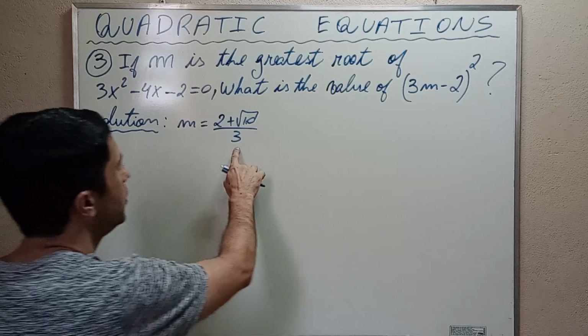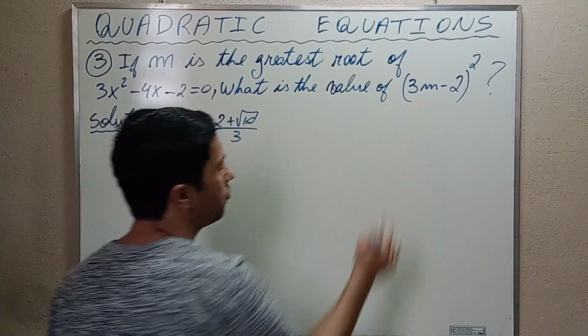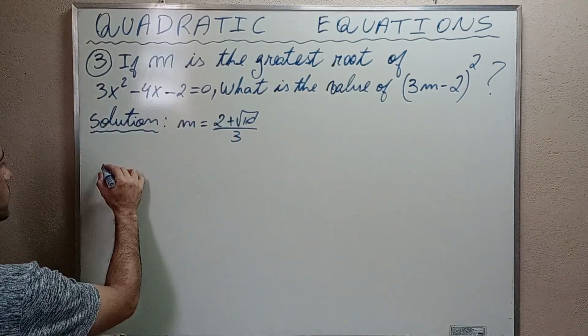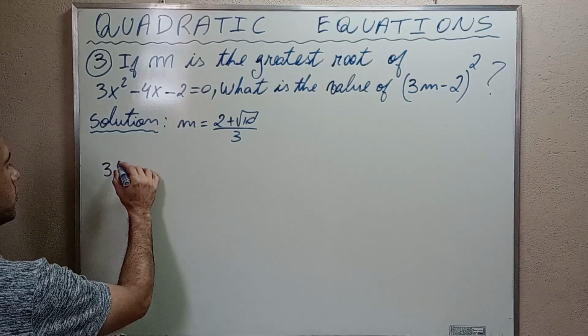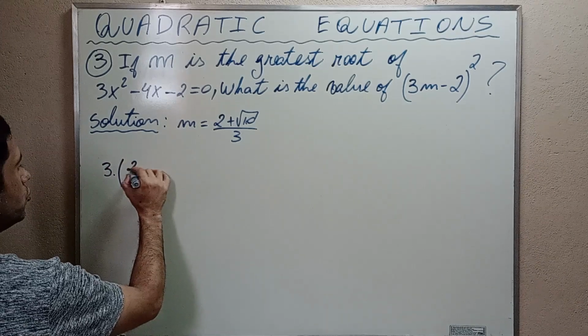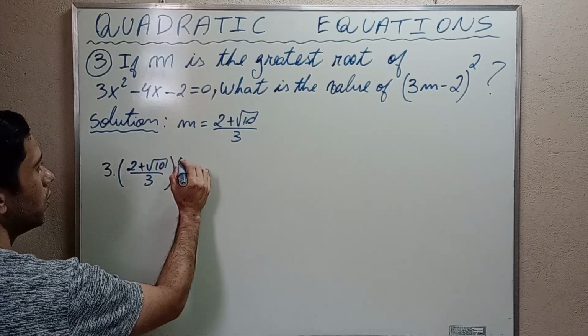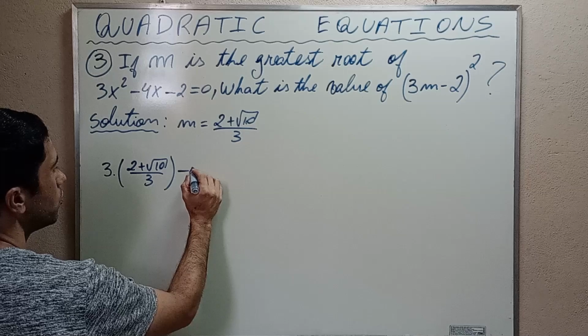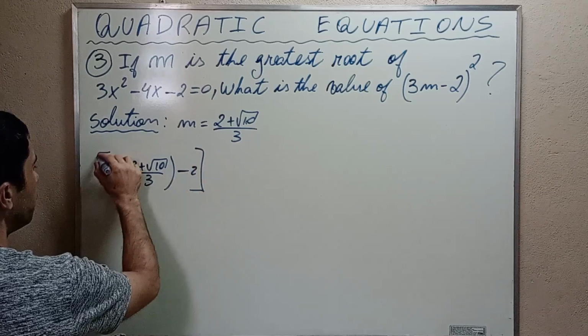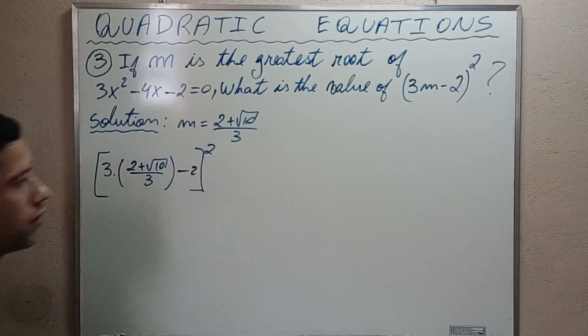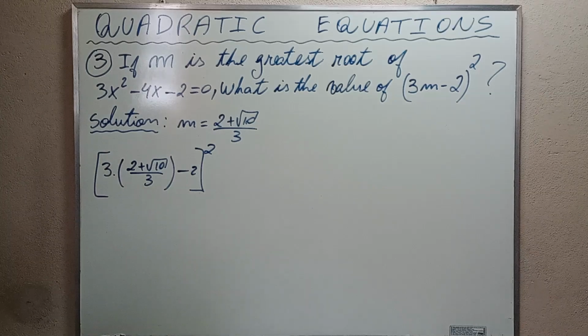We are going to use this value for m in this equation here: 3 times ((2 plus the square root of 10) divided by 3) minus 2, squared, okay? 3 times ((2 plus the square root of 10) divided by 3) minus 2, squared.